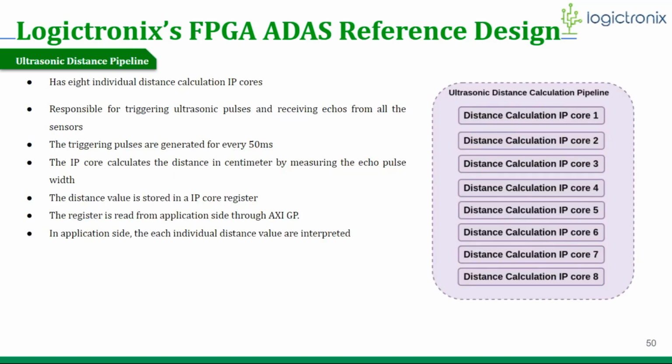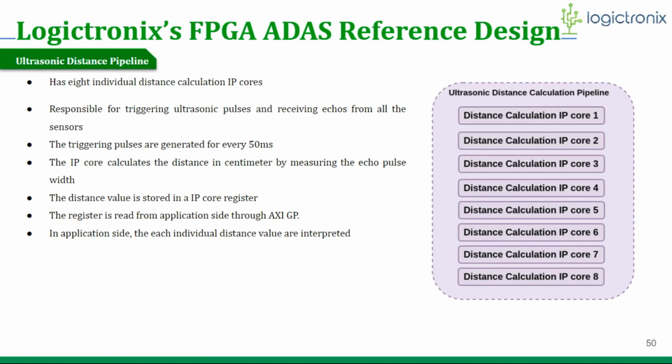Okay, the ultrasonic distance pipeline. It has 8 individual distance calculation IP cores, and they are responsible for triggering the ultrasonic pulse and also receiving echoes from the sensors. The trigger pulses are generated at a regular interval, which is designed here to be 50 milliseconds.